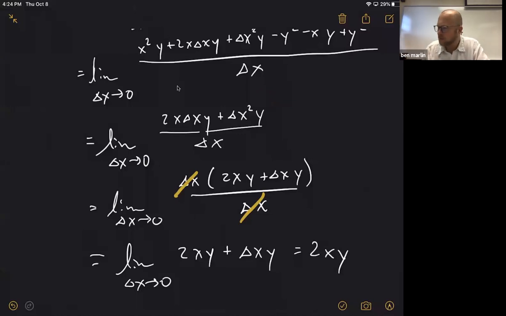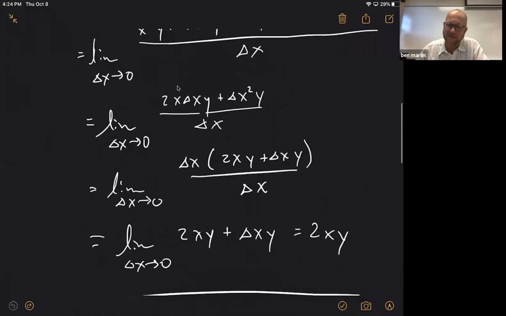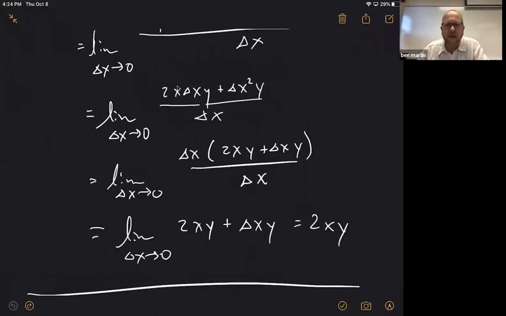I know you might be able to keep track of things and never make a mistake with it, but I just find it's better to be super cautious with what we're doing. All right, once we've got that, then we no longer have a 0 over 0 problem. And because delta x is going to 0, when you multiply it by y, that term just disappears and we end up with 2xy.